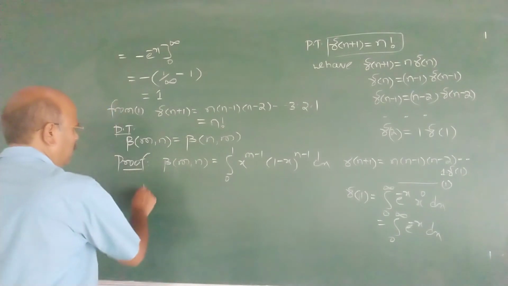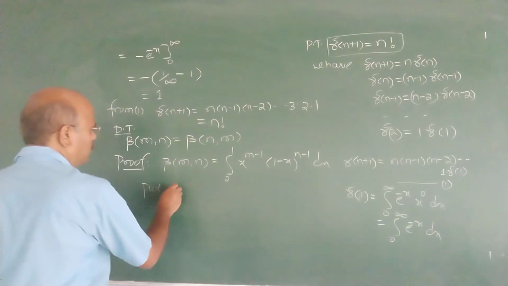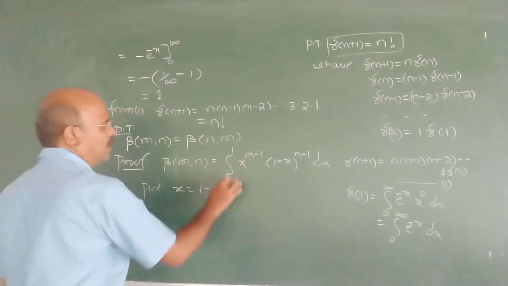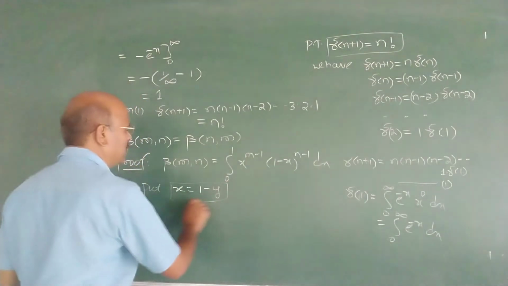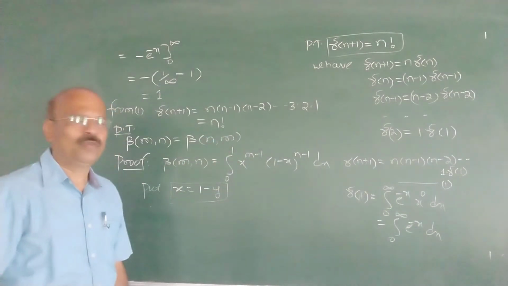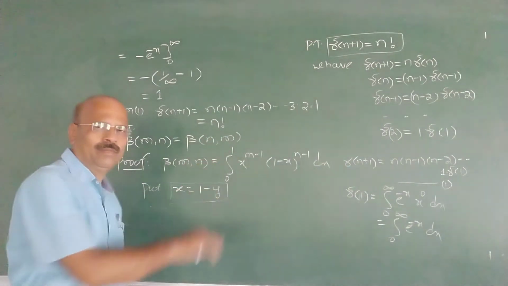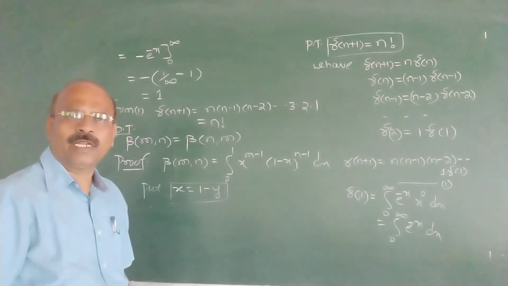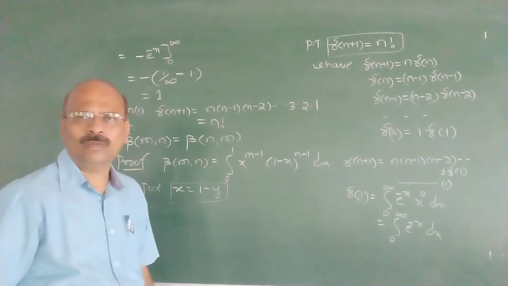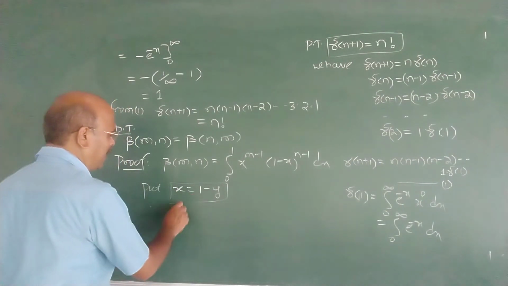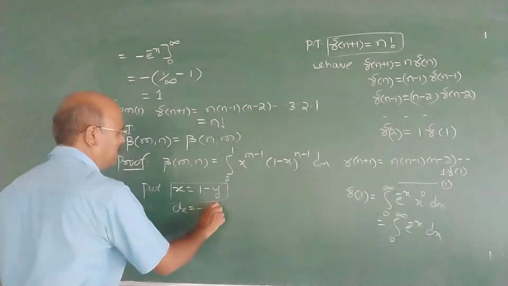For that, substitute x is equal to 1 minus y. This is important here. If you remember this much, that is sufficient, because the next thing all of you can easily do. When substitution is used, the limits of the definite integral change, all that you know. So x is 1 minus y, so what is dx? Minus dy.